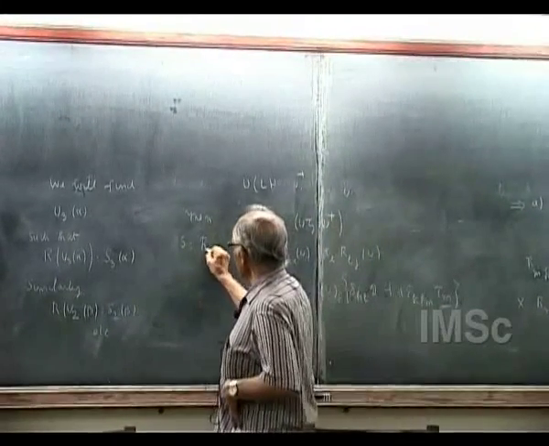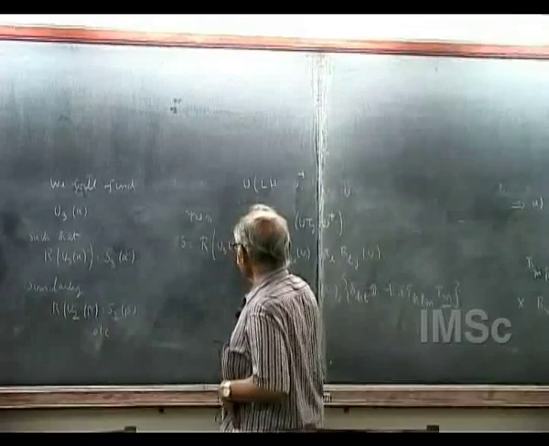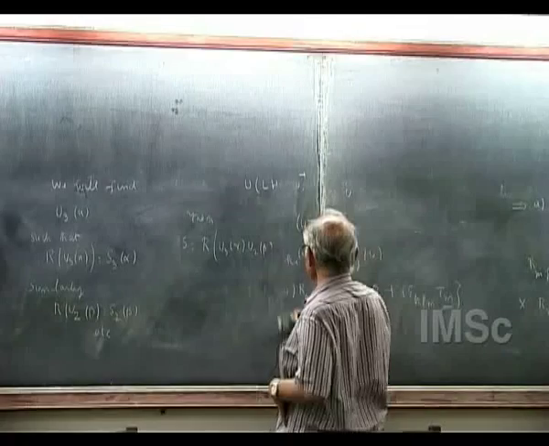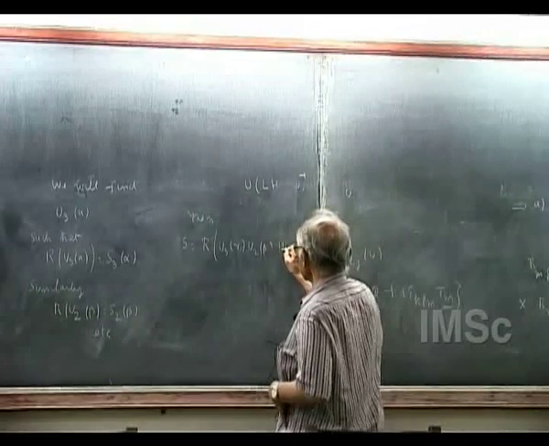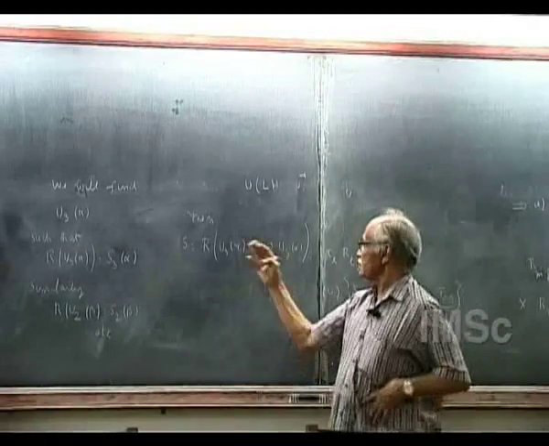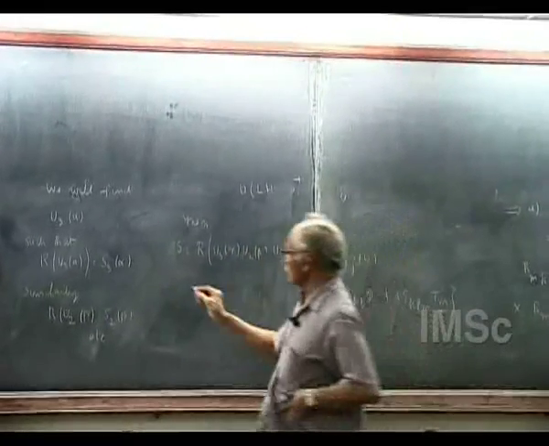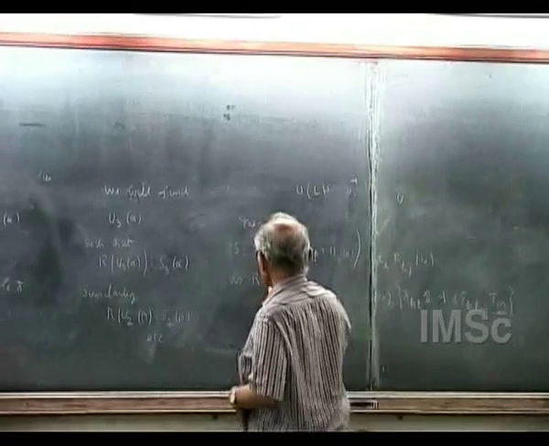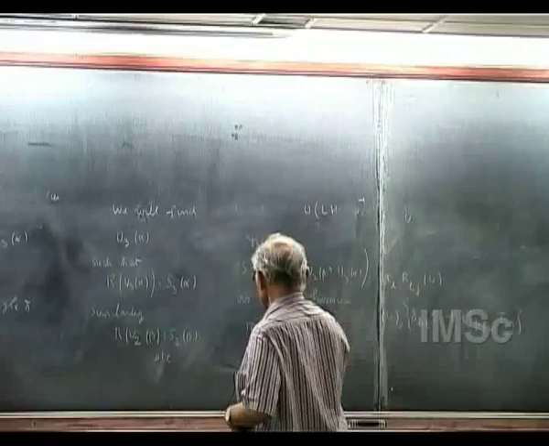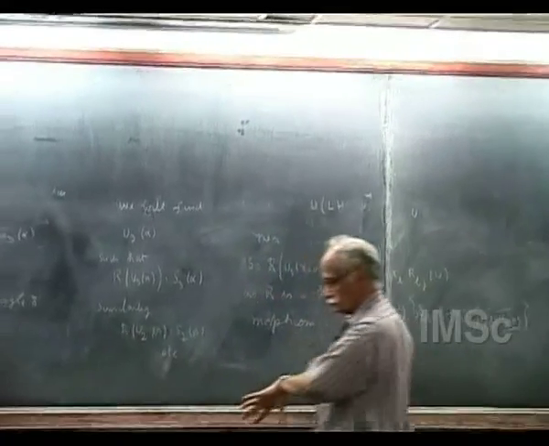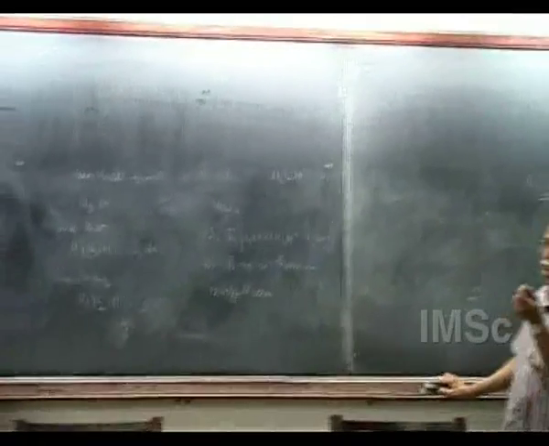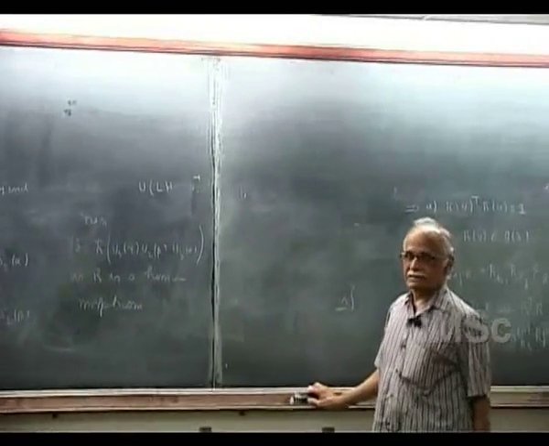I will simply write R of U3 of gamma, U2 of beta, U3 of alpha, by the homomorphism property, because I can apply R on each, as R is a homomorphism. So I have to show this result only for one of these special rotations.